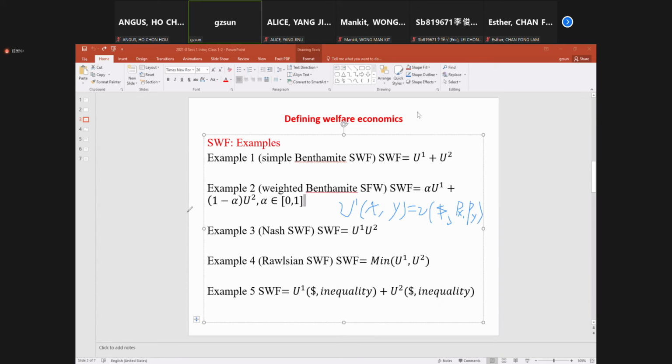You know, this is what we learn from intermediate macroeconomics, and maximizing the value of utility for each consumer depends on income and the market prices.